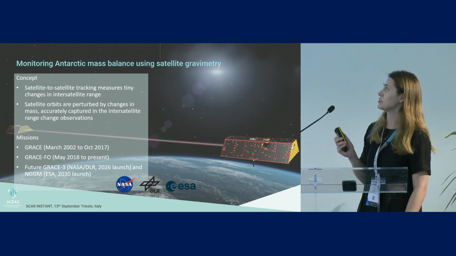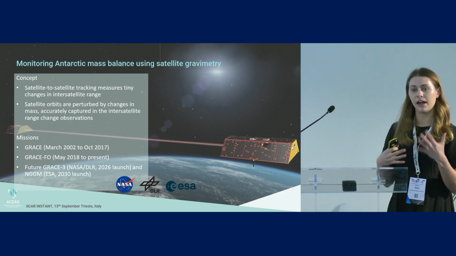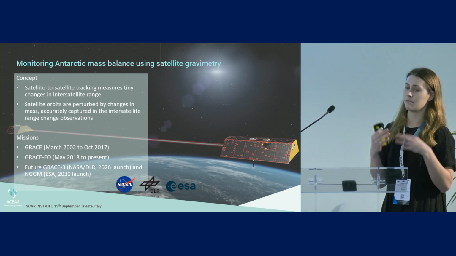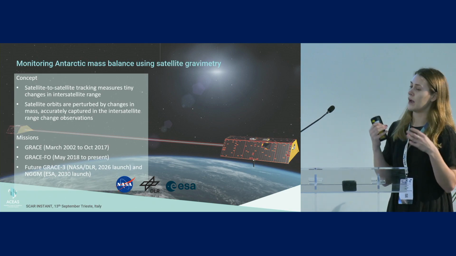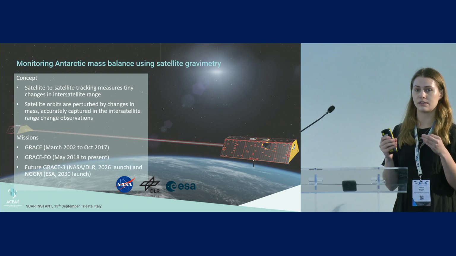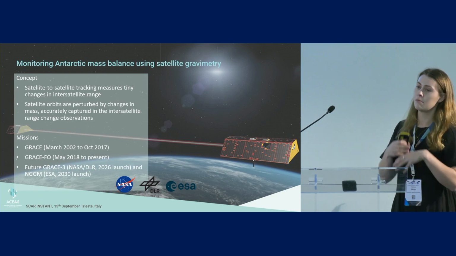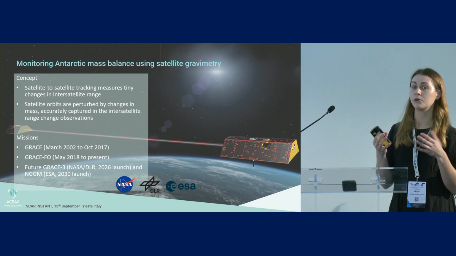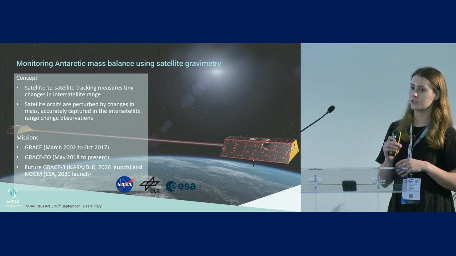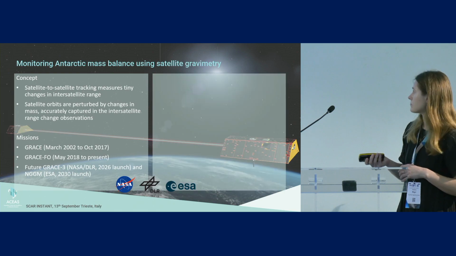The concept of the missions is that you have 2 twin satellites that fly around the Earth following each other, and they measure super precisely the distance between those 2 satellites. And within those measurements is information about how mass is changing on the surface of the Earth, plus a whole bunch of other stuff. Basically, we need really accurate background models to be able to isolate those changes that are being induced by things like surface mass balance.